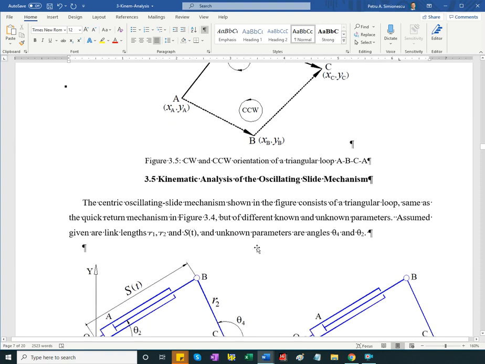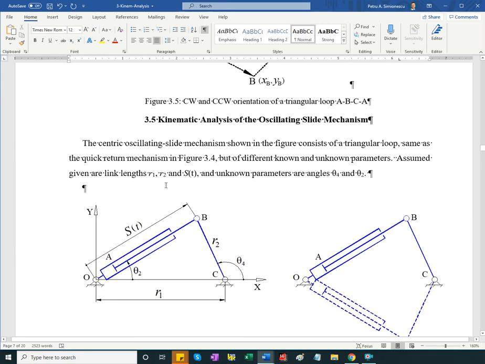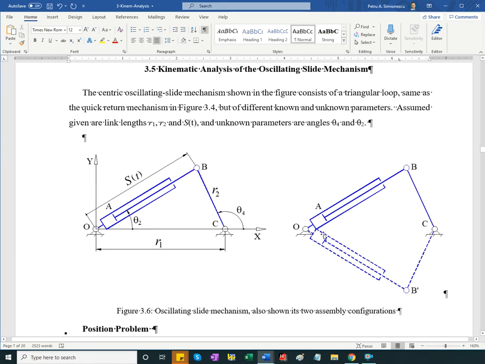Another useful mechanism that we considered was the oscillating slide mechanism, and we'll look at it. It's here. The centric one was the actuator, the hydraulic cylinder, or two-force member, and for given piston displacement S of t, we would be interested in finding theta 4 as well as its first and second time derivatives.